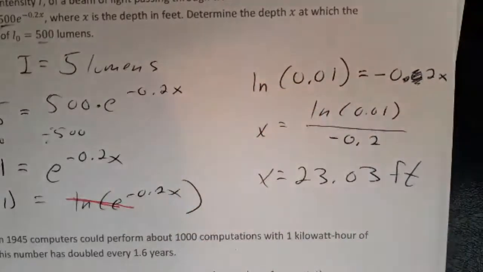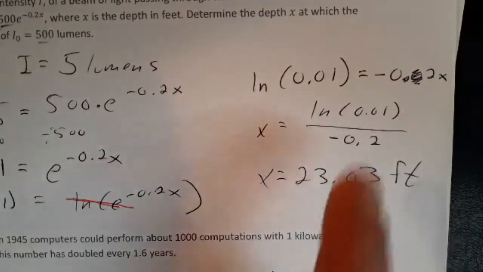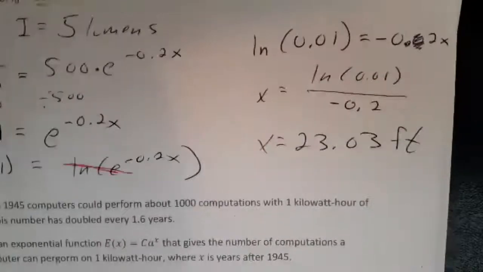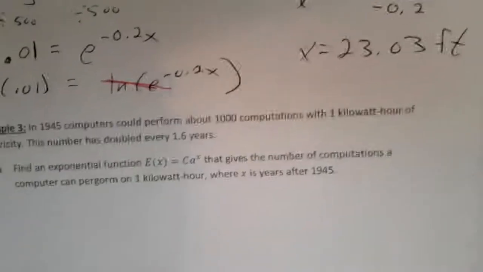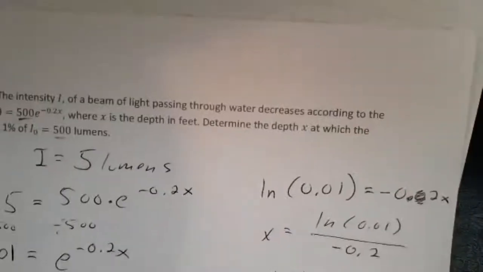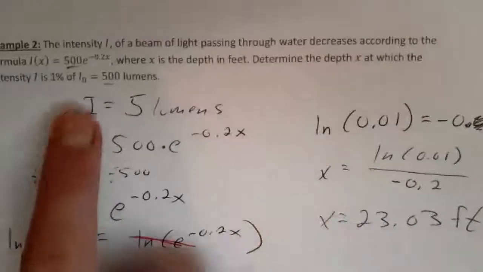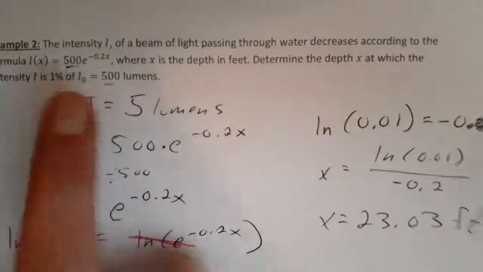My X is going to be that log divided by this number. And so that should give you around 23.03. They're talking about feet there. And so just to recap, at like 23.03 feet, that's where we're going to have 5 lumens, or like 1% of our light.